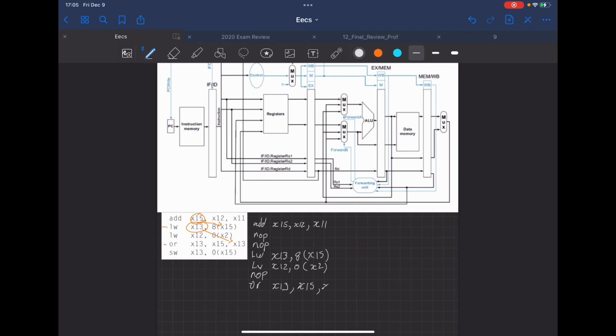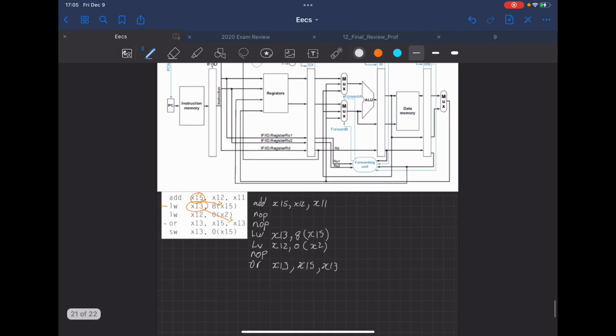X15, X13, and finally we have the store word. The store word has a base address of X15 with a 0 offset, and we're trying to store this X13 ORed value into basically the base of the stack starting at X15.